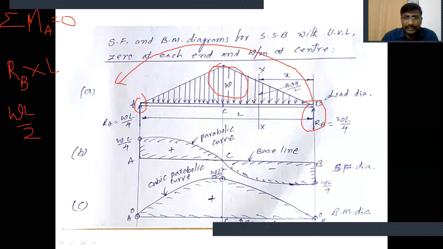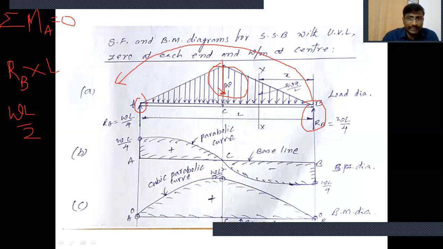Exactly at the center of the beam, because it is a symmetric triangle on both sides. For symmetry, the center of gravity is at the center. For example, this is the center of gravity, where the total load wL by 2 will be concentrated.